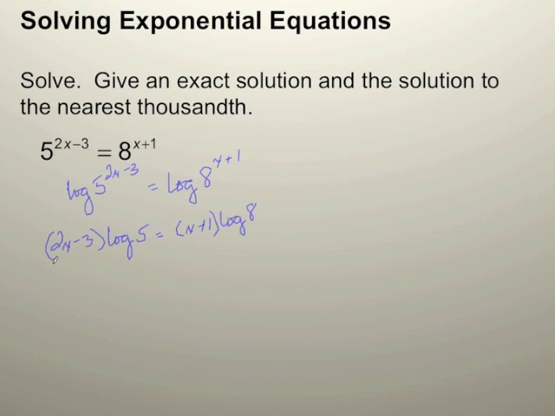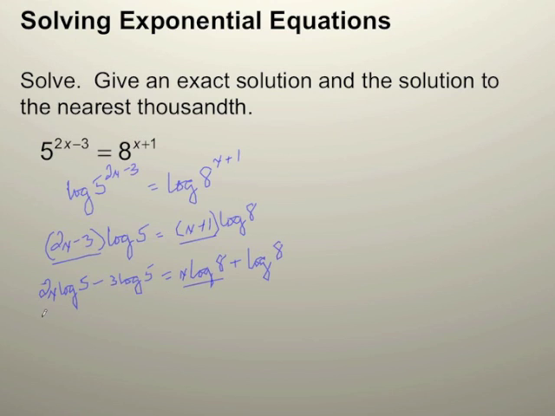Make sure you use these parentheses. Now our next thing is to remove those, and we'll have 2x times log 5 minus 3 times log 5, so we're using the distributive property. And distributive property over here, we'll have x times log 8 plus 1 times log 8.